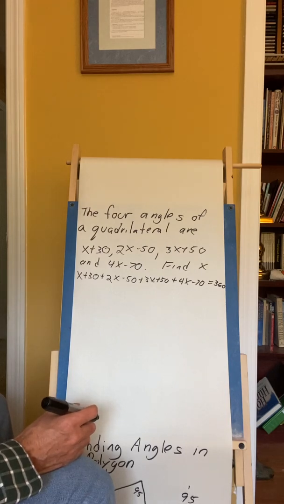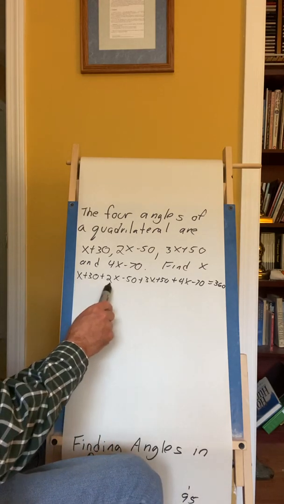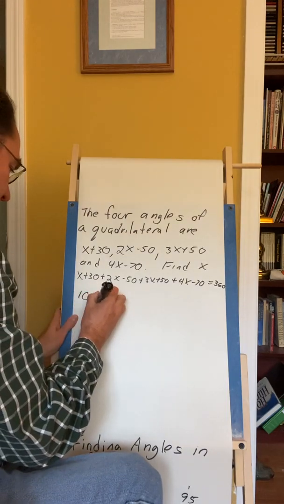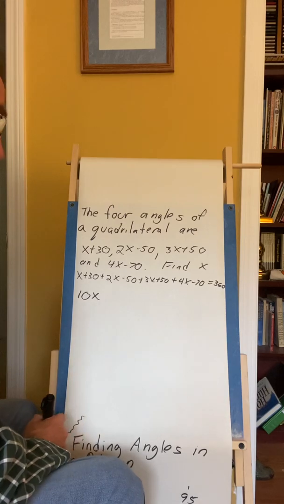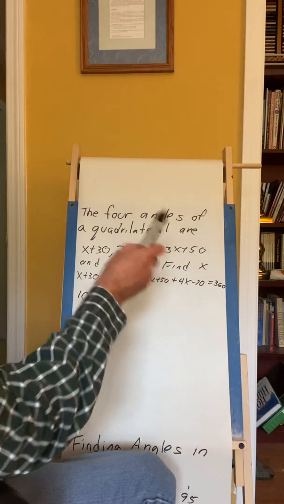Some of you should pay attention to this step because I notice a lot of people are making mistakes combining like terms. Let's do the x's first. 1x, 2x, 3x, 4x, 10x. That was easy enough. But the number parts, if you're having trouble with the arithmetic, use a calculator. And when you use your calculator, just enter exactly what it says.